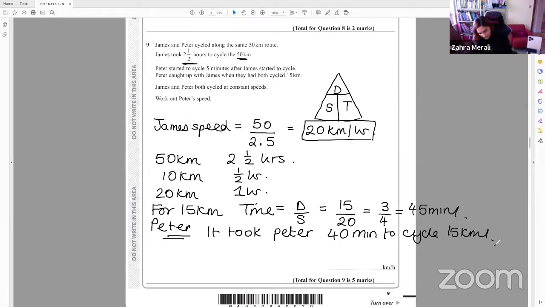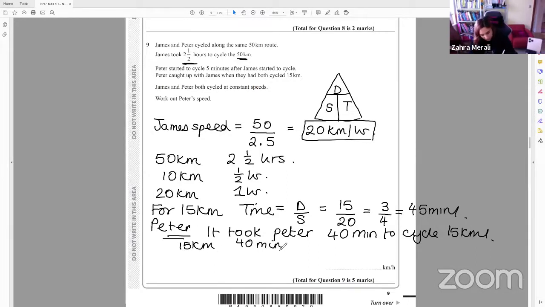Let me write this somewhere that you can see it. So we've got 15 kilometers in 40 minutes.